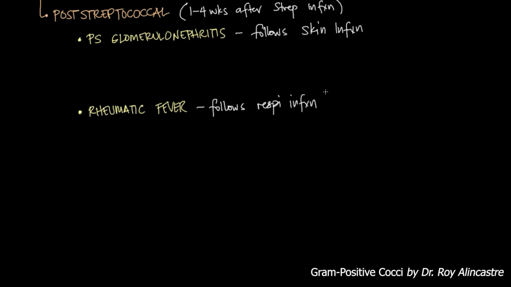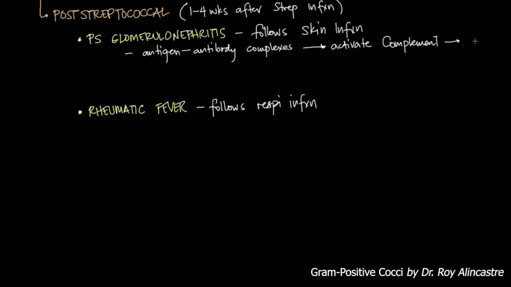The glomerulonephritis may be initiated by antigen-antibody complexes on the glomerular basement membrane. So what happens is complement is activated and C5a attracts neutrophils that secrete enzymes and damage the endothelium of the glomerular capillaries.